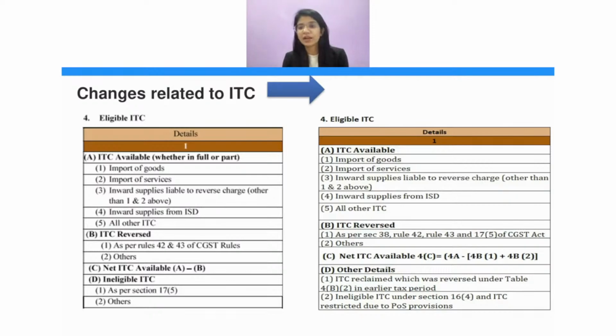I could see Abhinav says dependent on the supplier, Shekhar says no, yourself, Yogesh says not dependent, and that is the right answer. We are not dependent on the supplier to file that in GSTR-1. Rather, we have to pay this liability under table number 3.1D, and at the same time we can also claim that ITC for the reverse charge transaction under 4A3. That is how we actually do that.